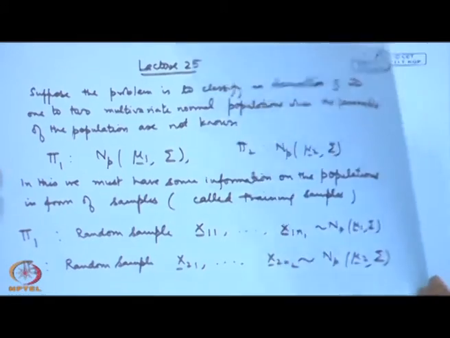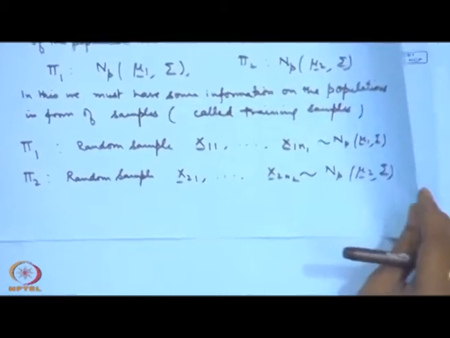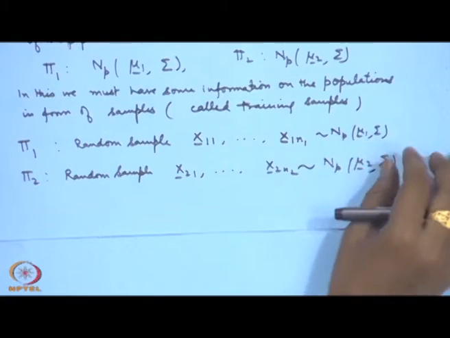So, when we have this data, we can easily consider the maximum likelihood estimators, or we can consider unbiased estimators. We can look at the sufficient statistics. This problem is well studied in estimation theory, so I will not dwell too much on this, and I will simply write the estimators.